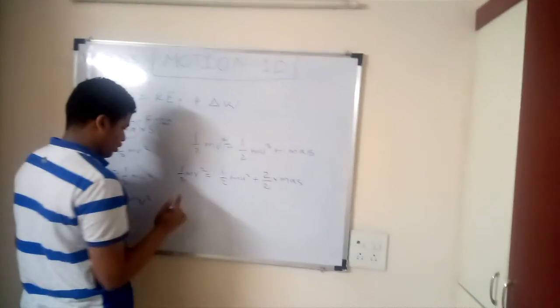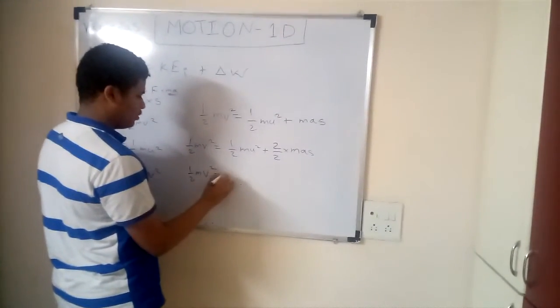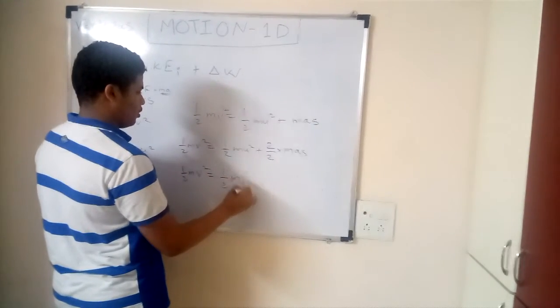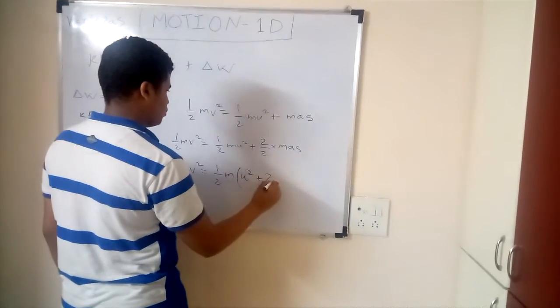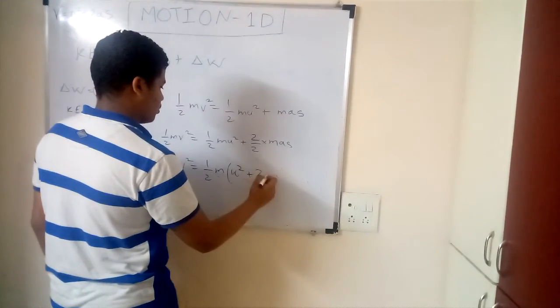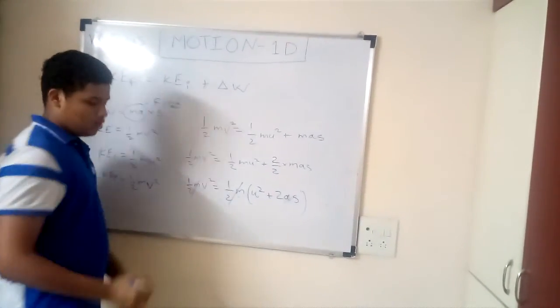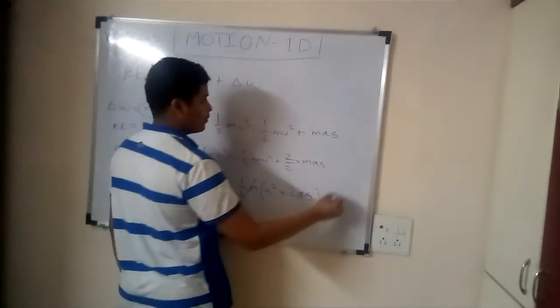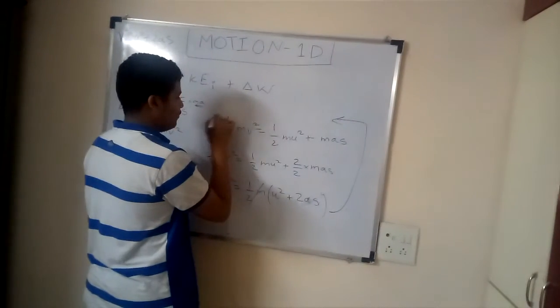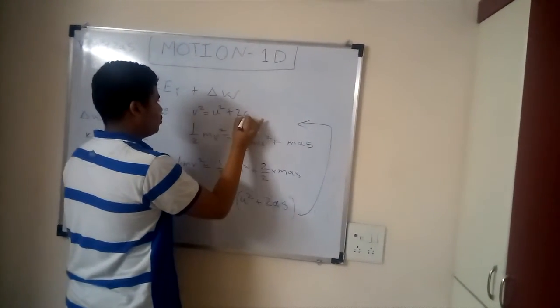So 1 by 2 m v square is equal to 1 by 2 m u square plus 2as. So this and this will get cancelled, and we will get v square is equal to u square plus 2as.